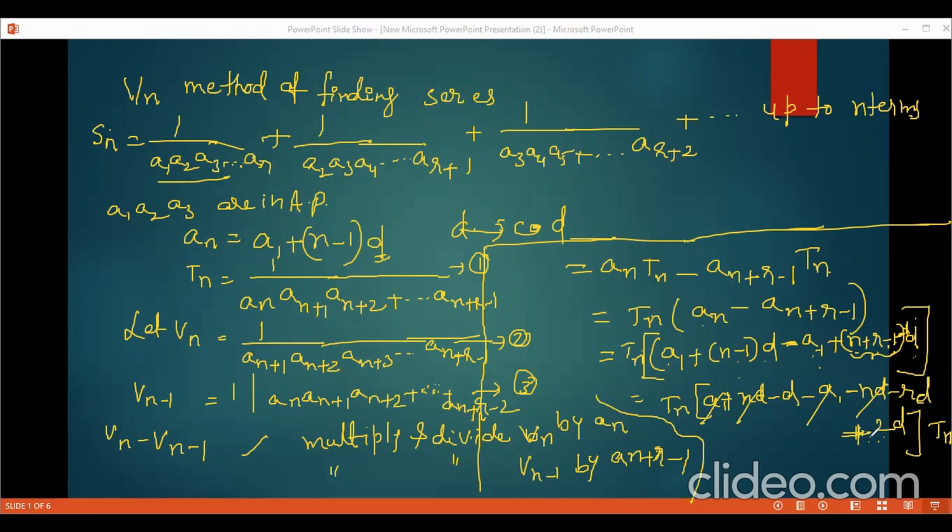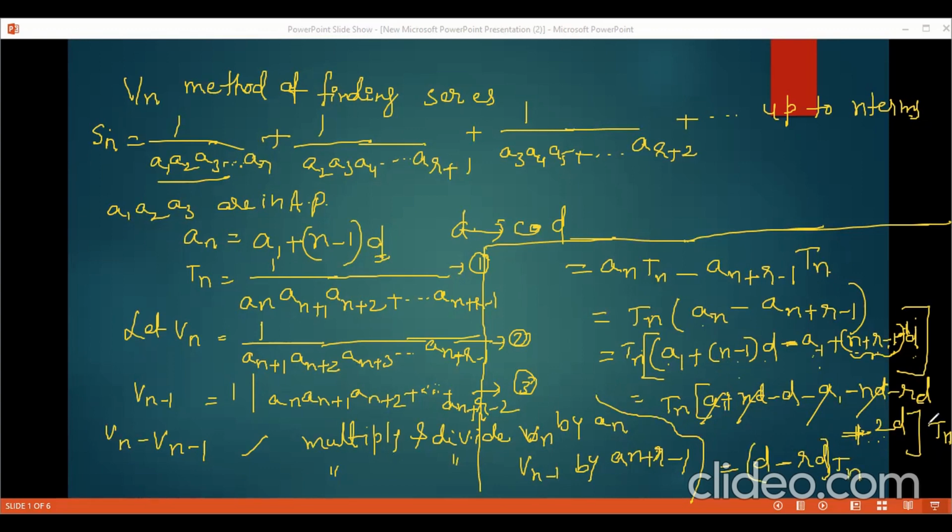So what is left? d minus rd. Here also A1 plus (n minus 1) into d, so minus d minus rd into Tn.